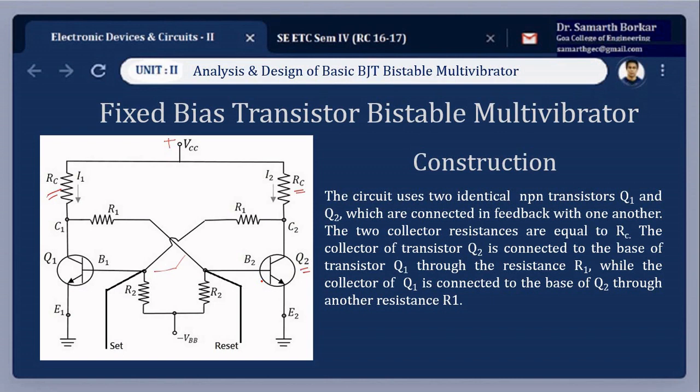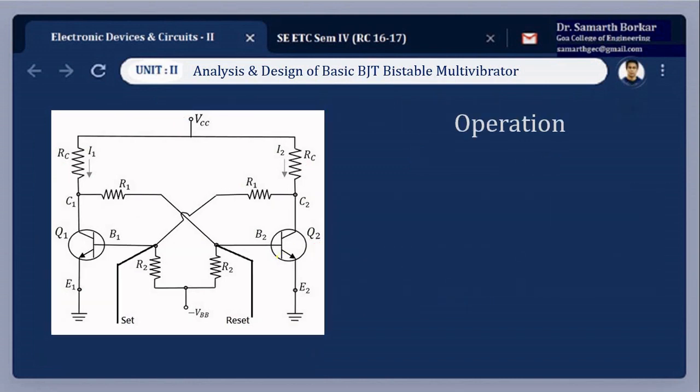Now we'll try to understand the operation. Let us assume Q2 starts conducting. So I'll write here, Q2 starts conducting. So it is away from equilibrium. Once Q2 starts conducting, the current drawn by Q2 will be more than the current drawn by Q1. Due to this regenerative feedback, the current drawn by Q2 keeps on increasing and that drawn by Q1 keeps on decreasing.